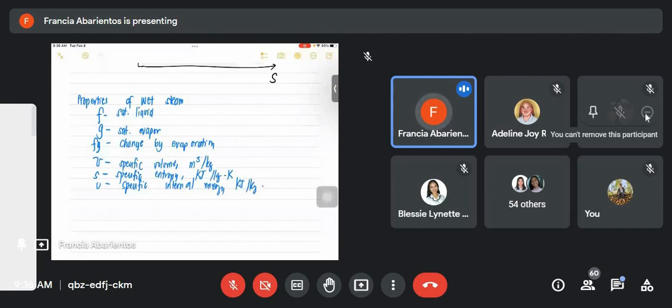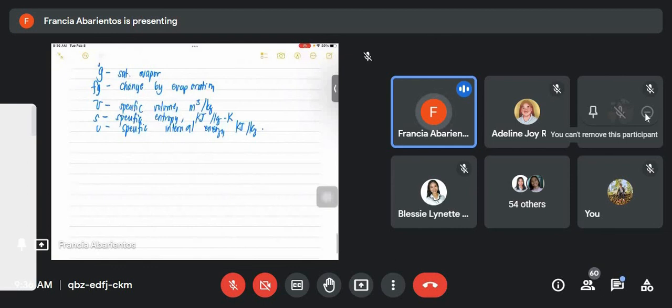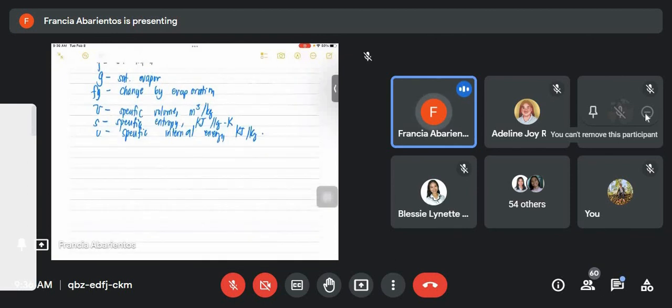Okay. So, paano natin makukuha yung properties? Okay? From the figure above, gagawa muna si ma'am ng another figure para mas makita nyo kung saan natin makukuha yung mga saturated vapor lines natin. Okay?